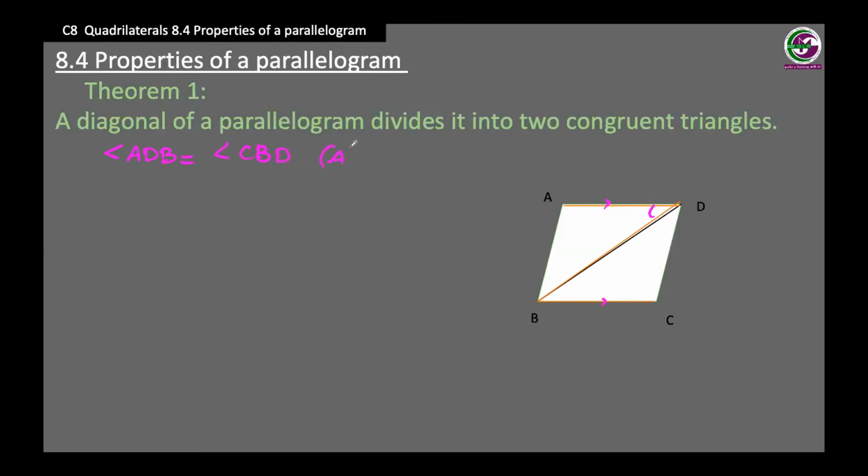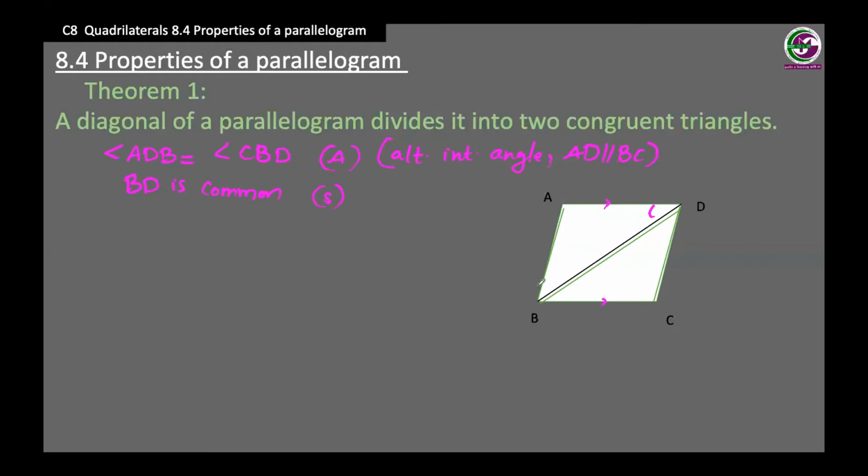We have an angle now because alternate interior angles are equal between the sides AD and BC. We know that BD is common between these two triangles, so we can write BD is common. So we have a side now. Again, we can see the next Z shape between AB and DC.